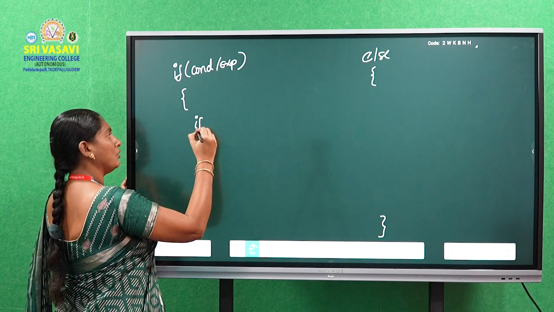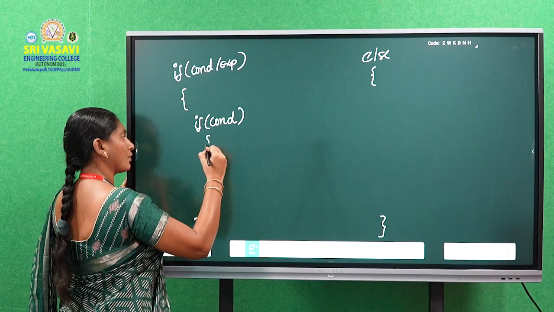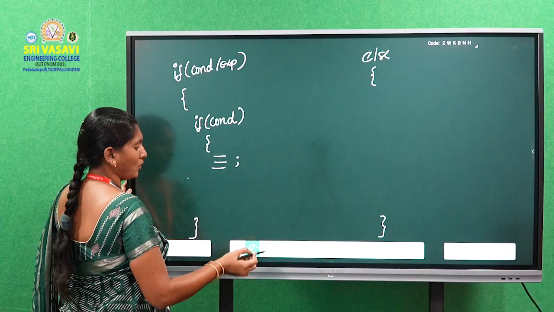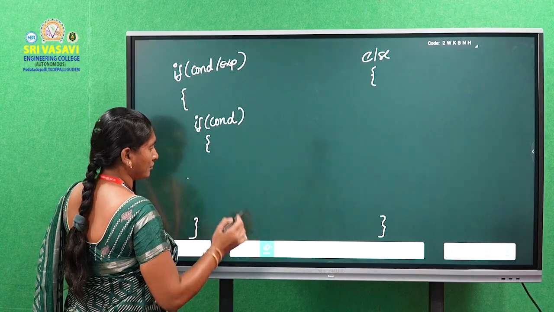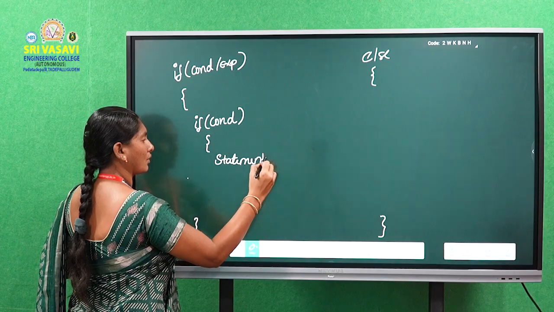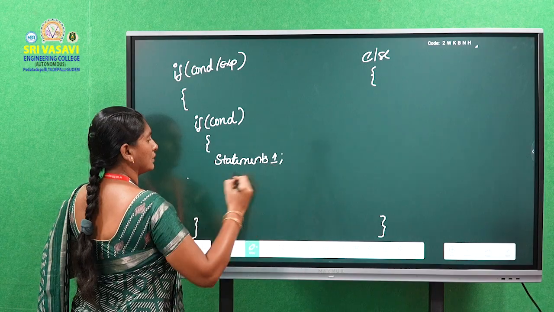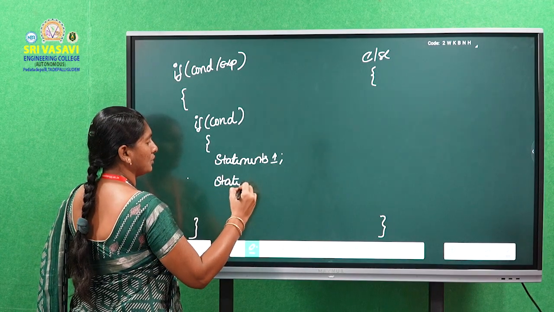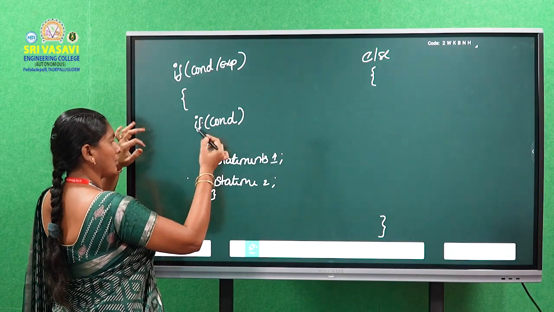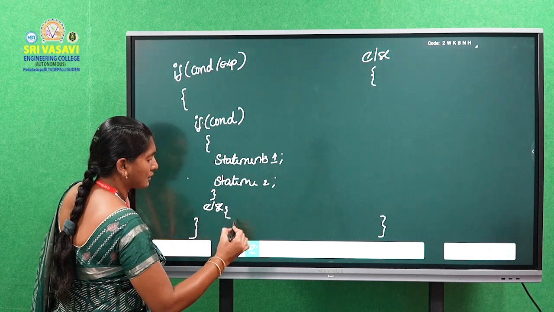here you can include if. Here you will execute some block of statements: statement 1, statement 2 and so on, like this we are having various statements. And next, here I would like to include else.